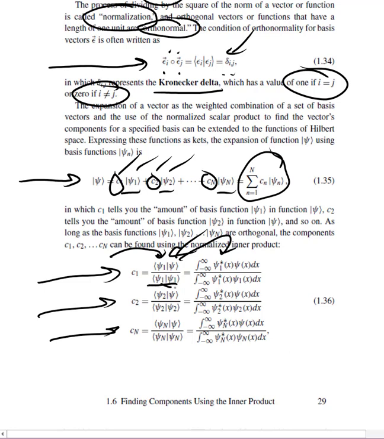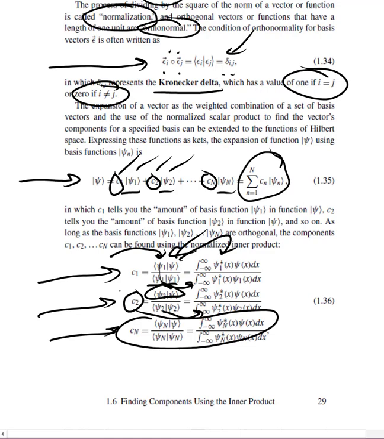And then you have to divide, because these may or may not be normalized, by the square magnitude of that basis vector, just like we did for epsilon 1 up above. If you want to know the amount of the second basis function, project psi onto the second basis function, divide by the square magnitude of that second basis function, and so on, all the way up, however many different basis functions you have.